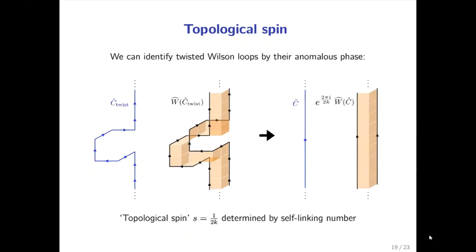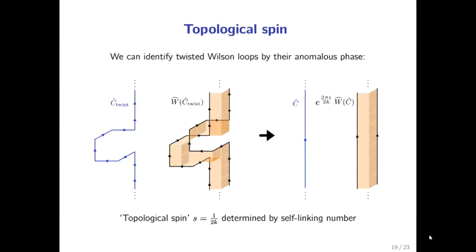So it's half the linking phase. And this correctly captures what's known as the topological spin of the anyon. This just happens naturally in our lattice construction. You can just compute exactly using the anomaly, and you find this continuum topological spin.